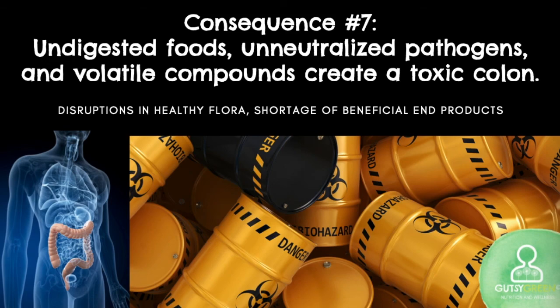Once the waste passes into the lower bowel, it may be full of pathogens that weren't neutralized in the stomach, food particles that weren't digested in the stomach to feed them, and their volatile end products. All of this can lead to a toxic colon that disrupts healthy flora and all of their conferred health benefits.